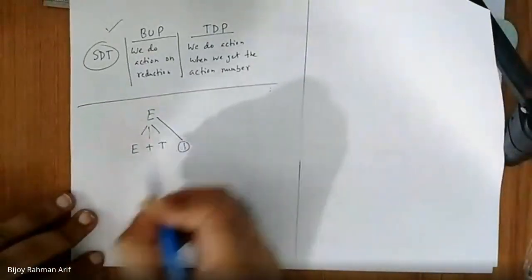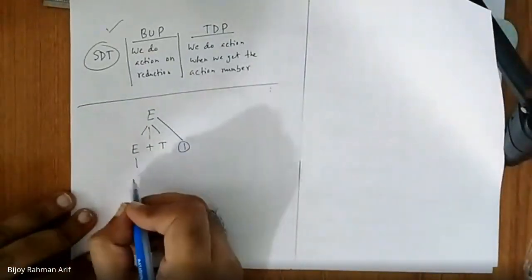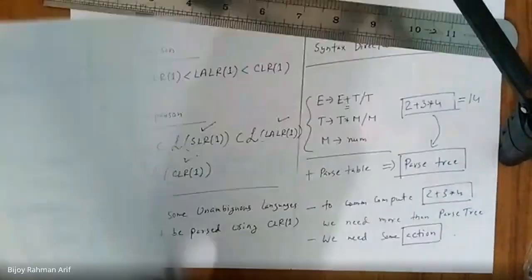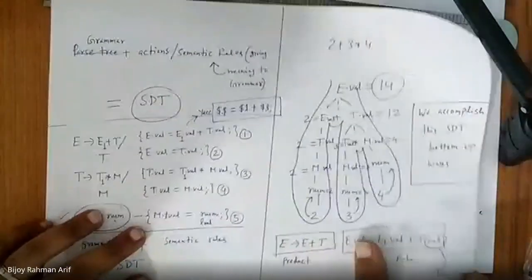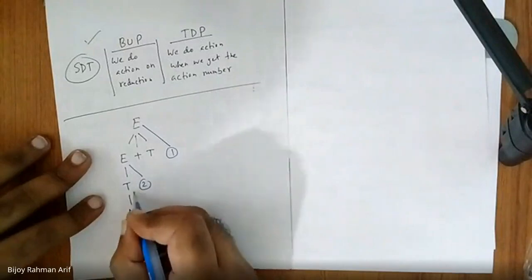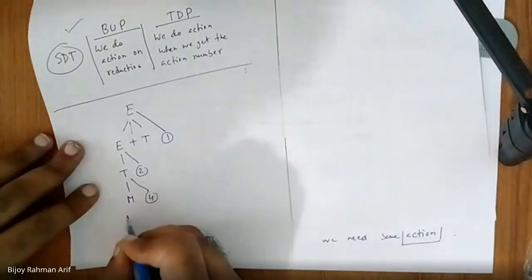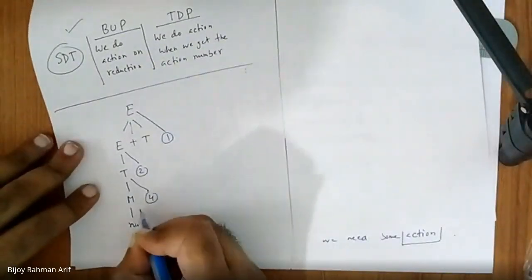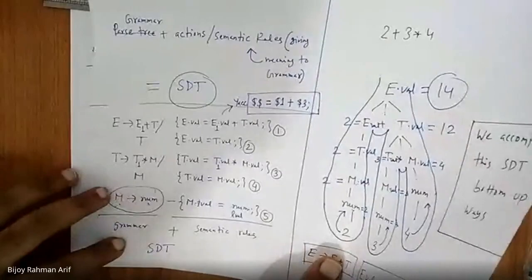So you write here 1. Then this E derives T. What is the action? 2. Then T derives M. What is the action? 4. Finally, M derives num. What is the action? 5.